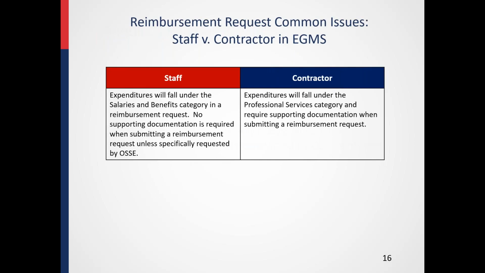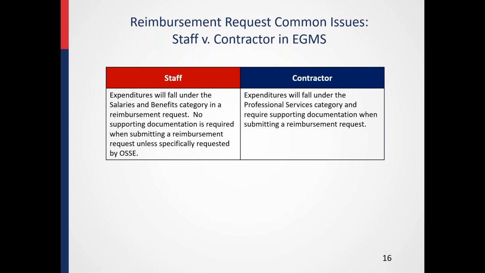All right, so common issues that are faced when preparing reimbursement requests. Sometimes it's difficult to understand the difference between staff and a contractor, because you're talking about people who are doing work for your 21st century program. Staff should be categorized under the salaries and benefits budget category.